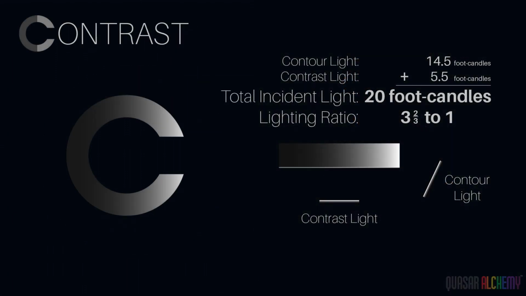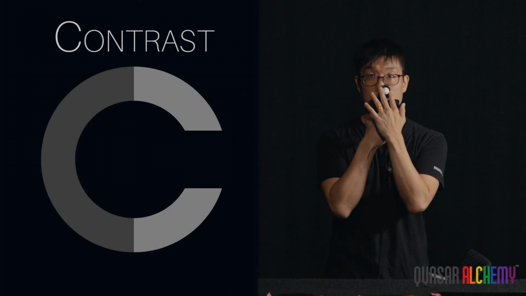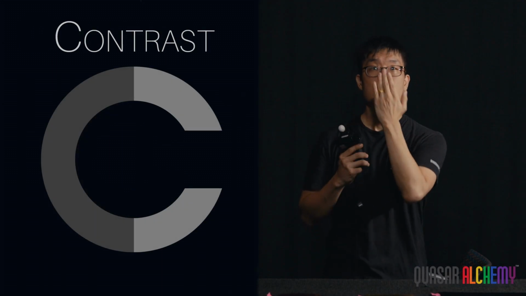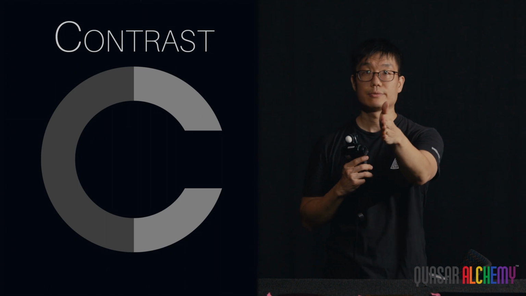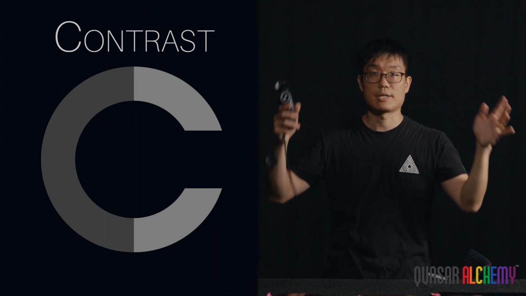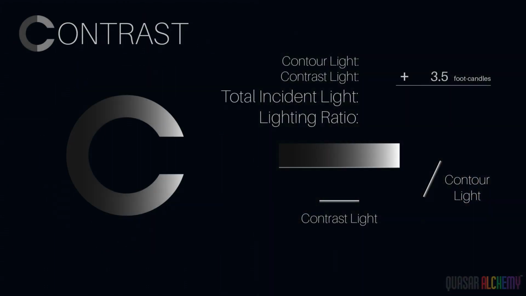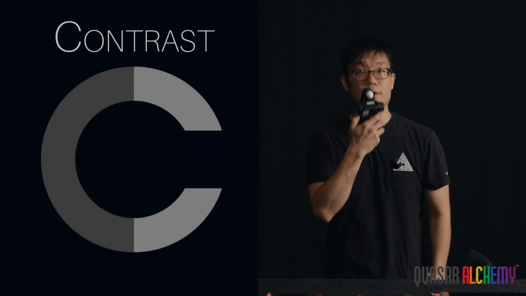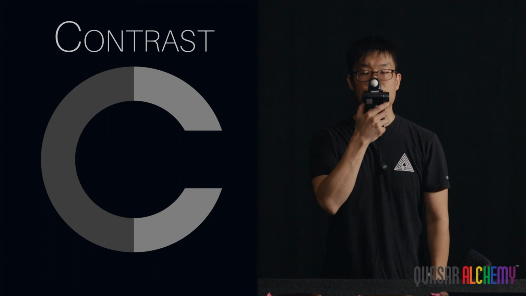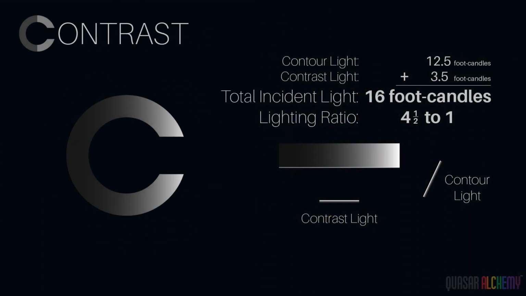Now, the way I'm metering it, again, is I'm pointing the ball right here, representing my face, to the camera to represent the average of the entire scene, okay? 3.5 foot candle light hitting me from the front, and all together combined, that's about 16 foot candles, okay?